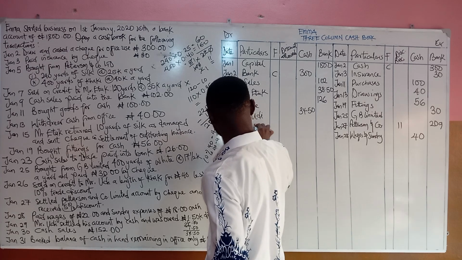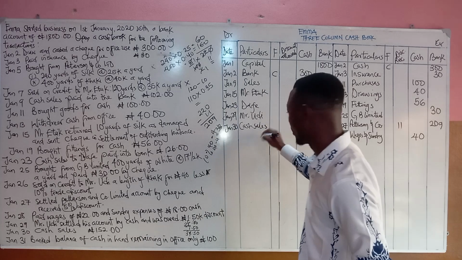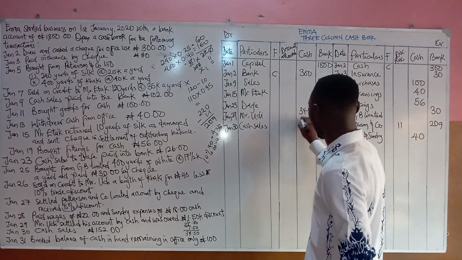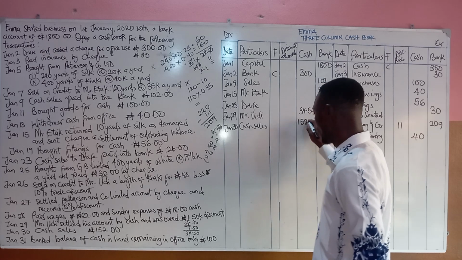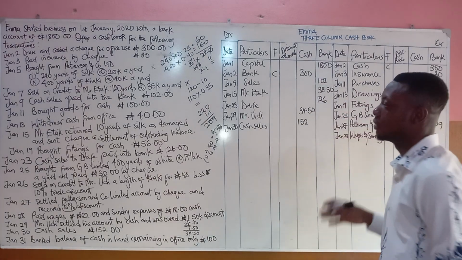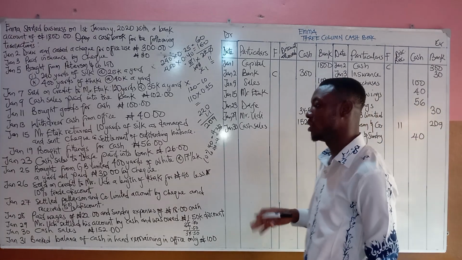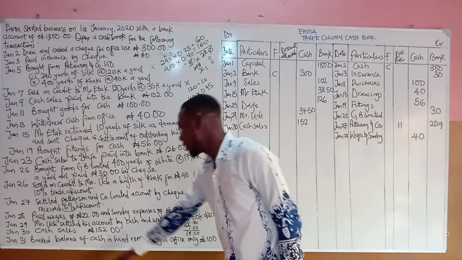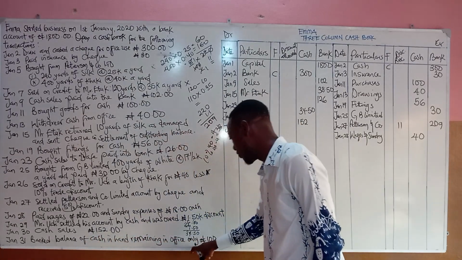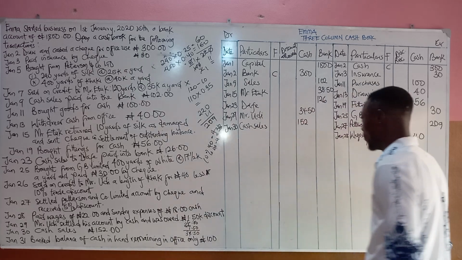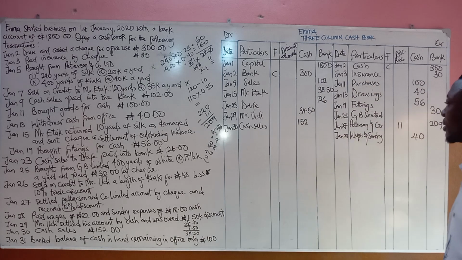Cash sales is 152 naira. Then the last one, this is a little bit technical, but we need to understand what we are doing. It says bank balance of cash in hand remaining in office only 100 naira.